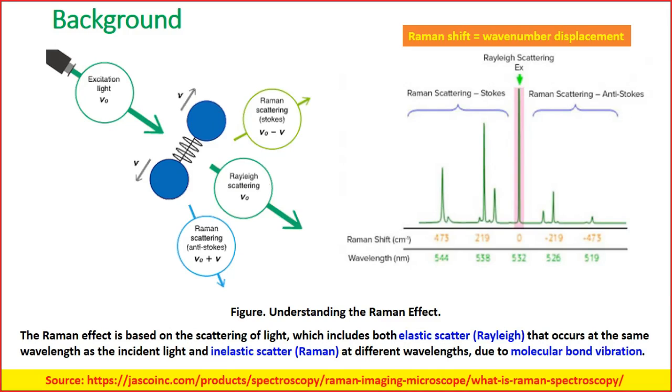So in our last class, what we have seen is that in Raman spectroscopy, we use a laser source which emits radiation having energy equal to h mu naught. When the photons, or the electromagnetic radiations, are made incident on the molecules, the molecules may scatter the photons in two ways: one is elastic and the second one is inelastic.